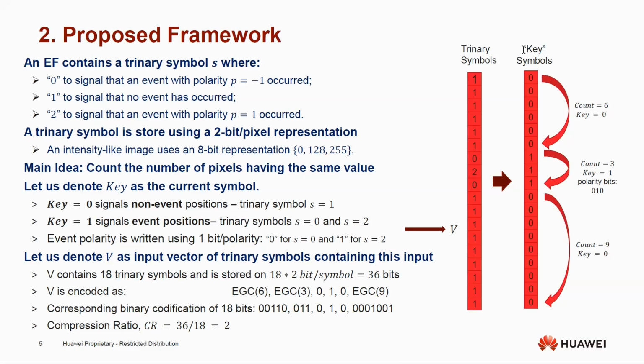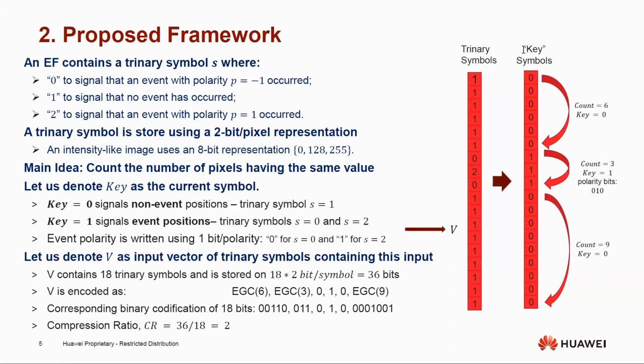A key equals 0 will signal a non-event position, so it will encode the trinary symbol S equals 1, and a key equals 1 will signal an event position, so trinary symbol 0 or trinary symbol 2. And of course, in that case, you also need to encode the polarity. A simple way is 1 bit to store a 0 for a negative polarity and a 1 for a positive polarity. And that's the basic idea that we propose.